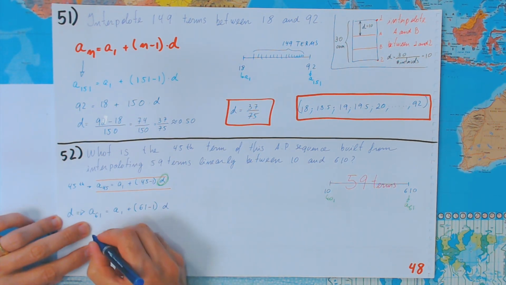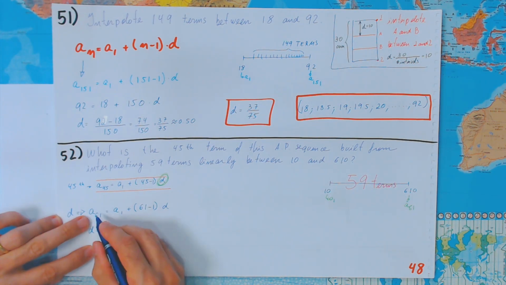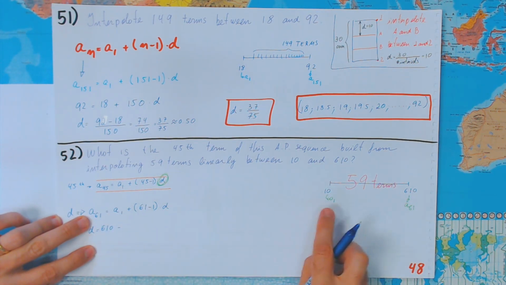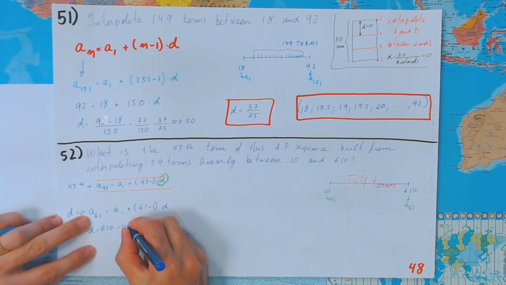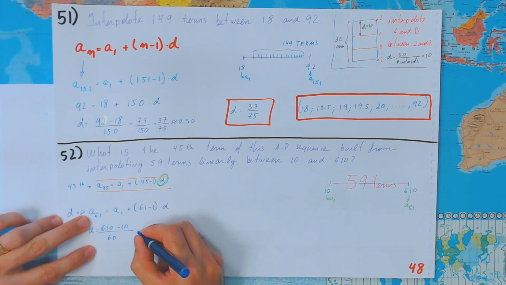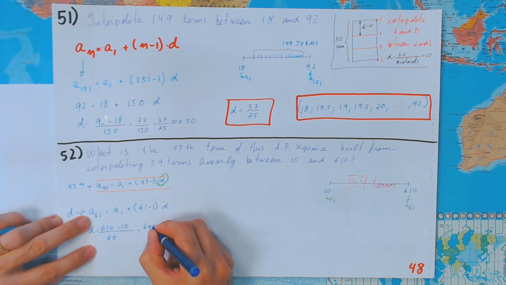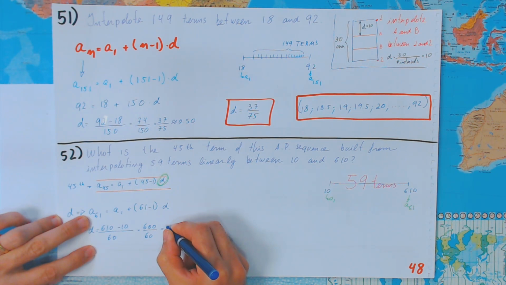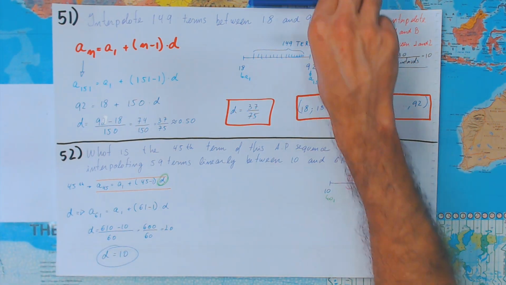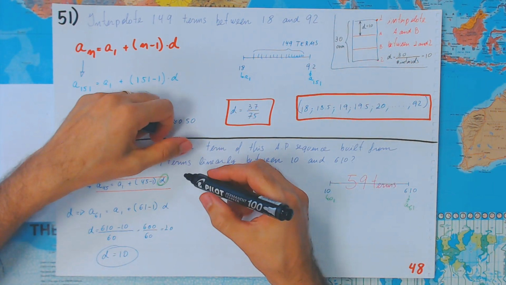Now d is going to be a61, which is 610, minus a1, which is 10, divided by 60. This is 600 divided by 60, which is 10. Now this is very important: we have found our common difference.